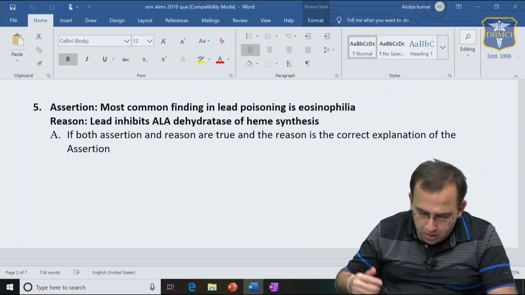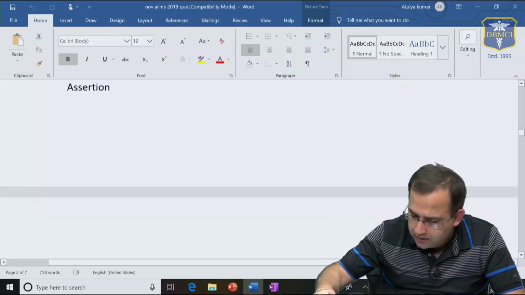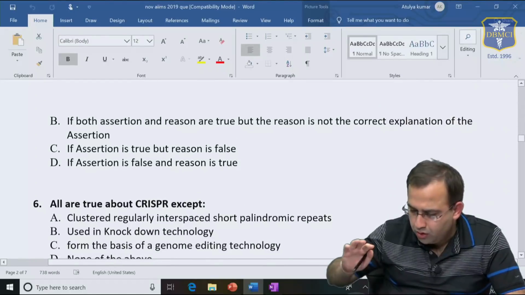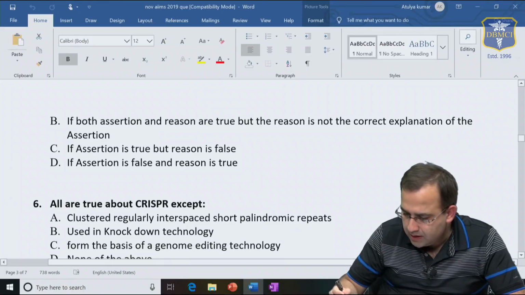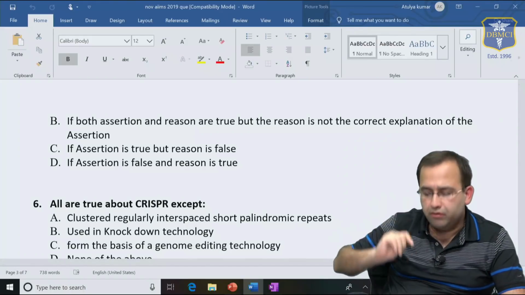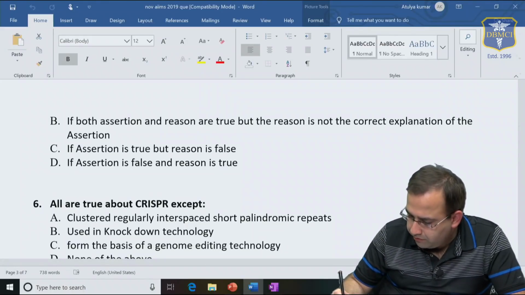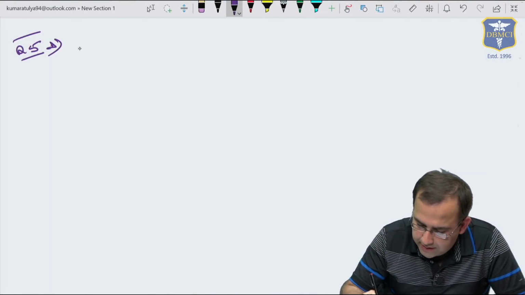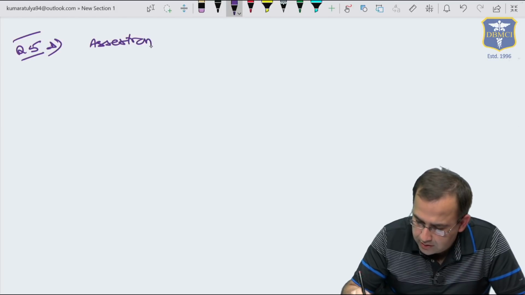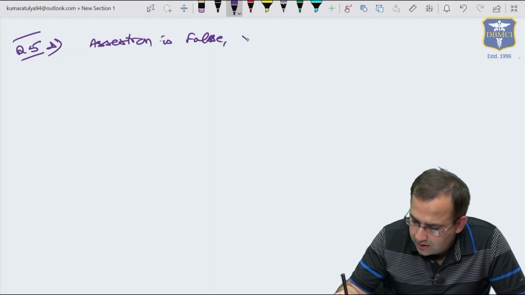This is true. So assertion is false, reason is true, option number 4. Question 5, the answer is D.